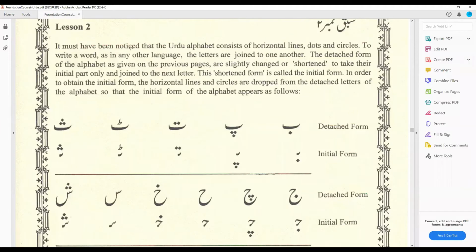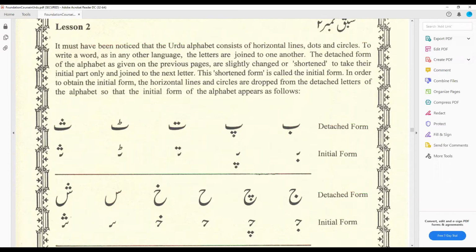It must have been noticed that the Urdu alphabet consists of horizontal lines, dots, and circles. To write a word, as in any other language, the letters are joined to one another. The detached form of the alphabet, as given on the previous page, is slightly changed or shortened to take its initial part and join to the next letter.